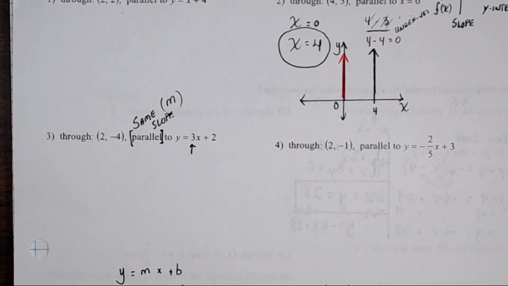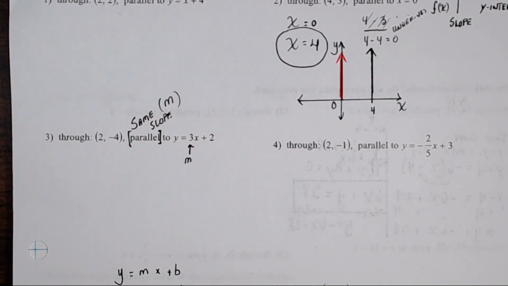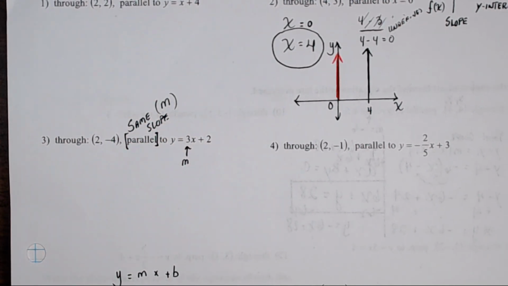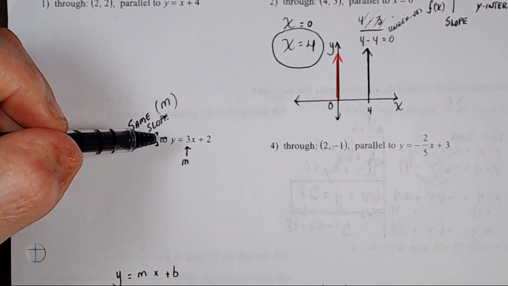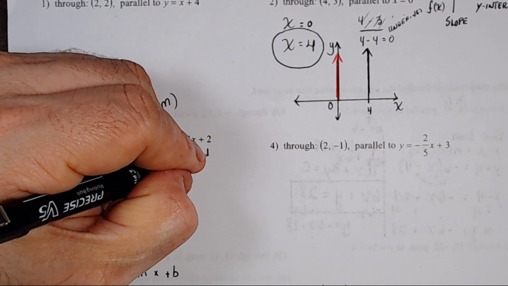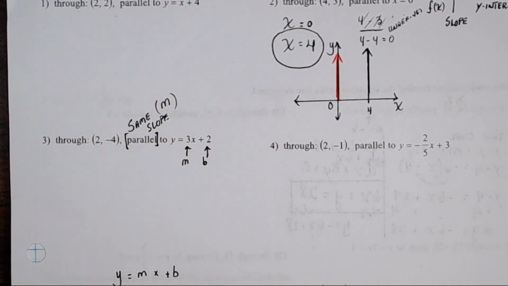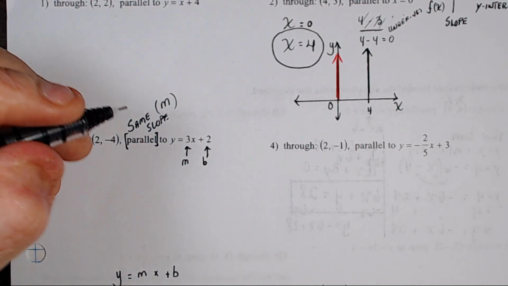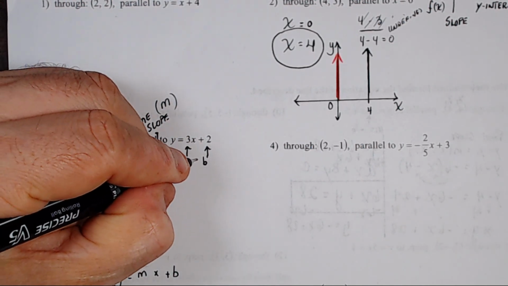But back here I heard somebody identify the correct slope. m is equal to 3. So if the slope is 3, what is the y-intercept? 2. 2 is the y-intercept, and we refer to it with the letter b. That's the y-intercept. So now I have y equals mx plus b.